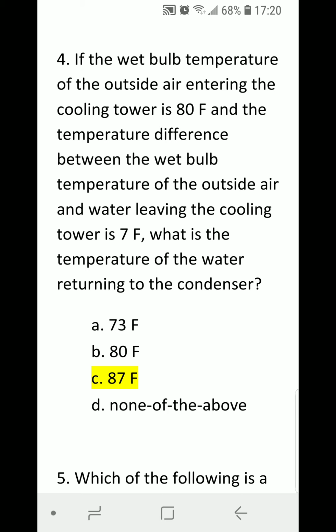A. 73, B. 80, C. 87 Fahrenheit, or D. None of the above? Correct answer is C. 87 Fahrenheit.